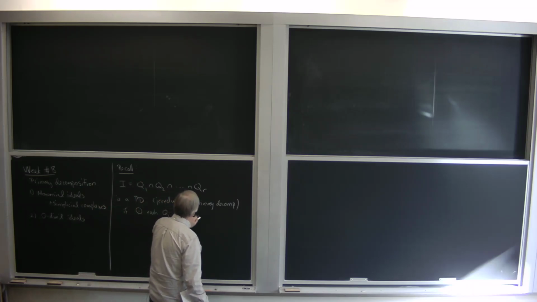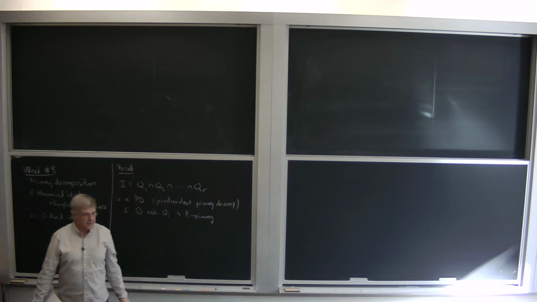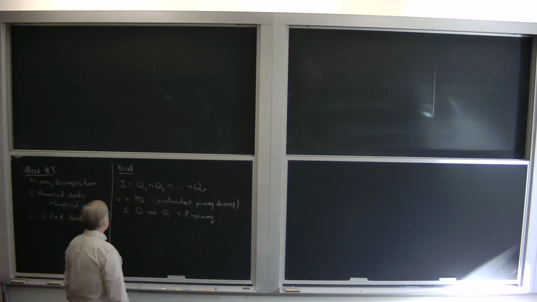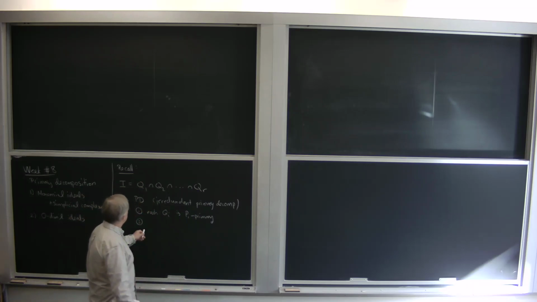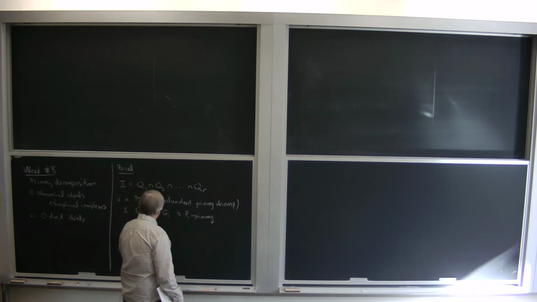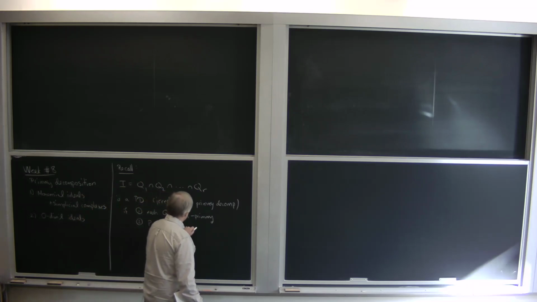Remember what that means? That means that it has to be primary and its radical is Pi, which is a prime. 2, it's irredundant, so P1 up to PR are pairwise distinct.